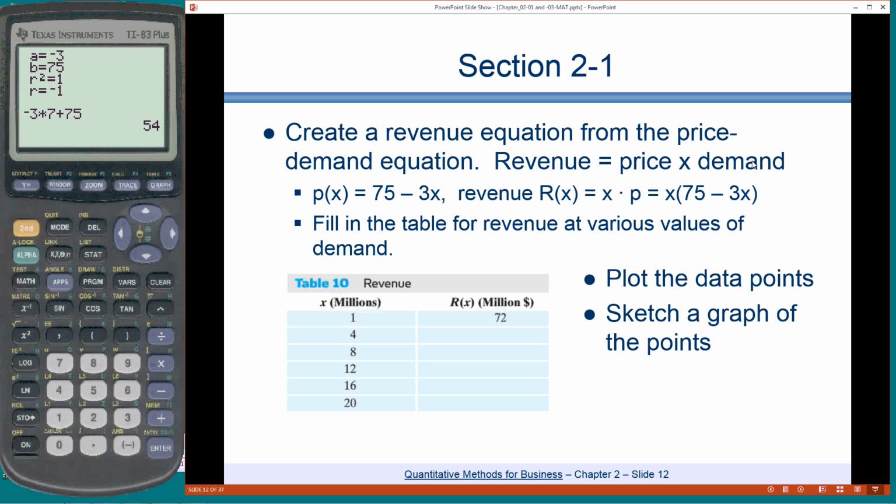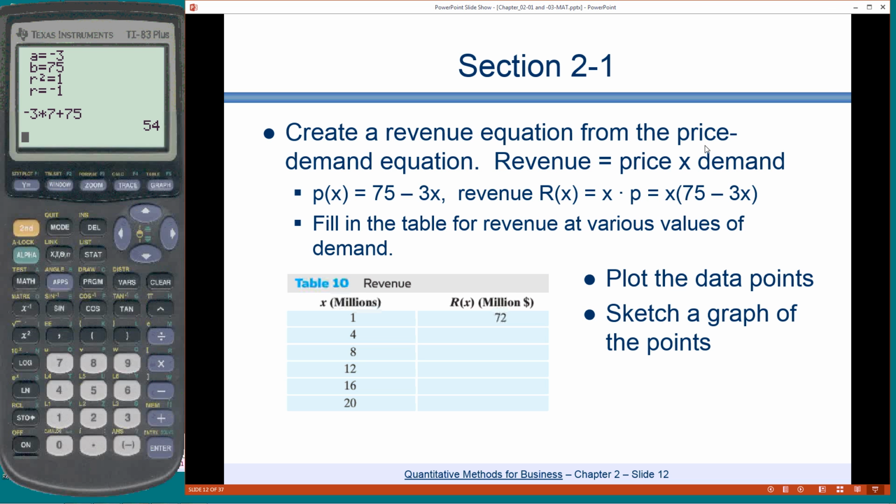It's the only thing you can use. Do you ever actually sell exactly the number of units that your price demand equation says? Probably not. Things change as we move along. But it's the best thing you've got to do a prediction. So revenue is price times demand.